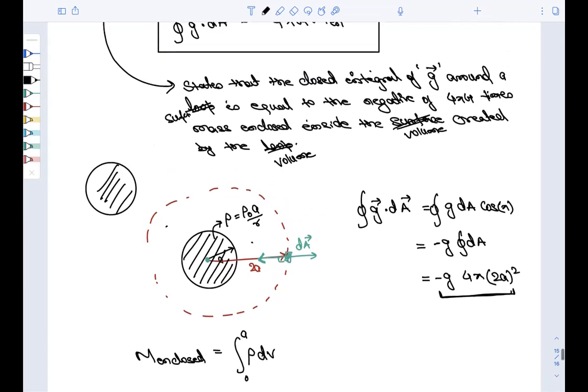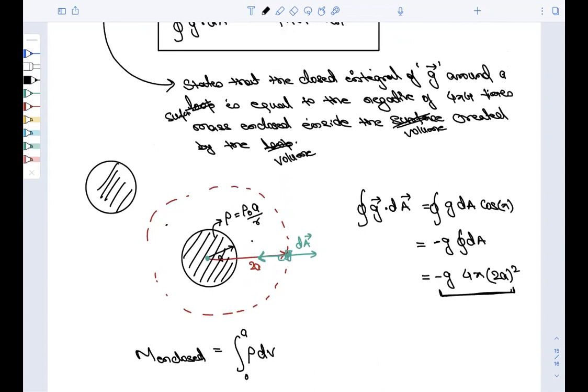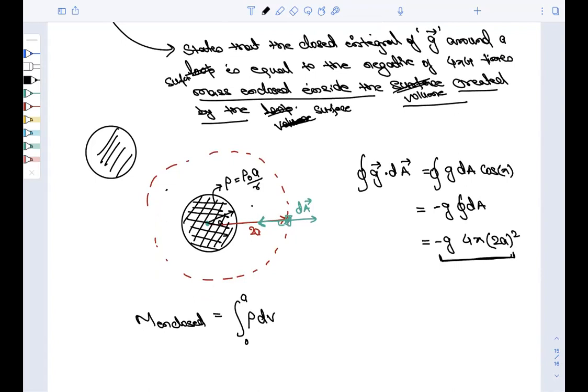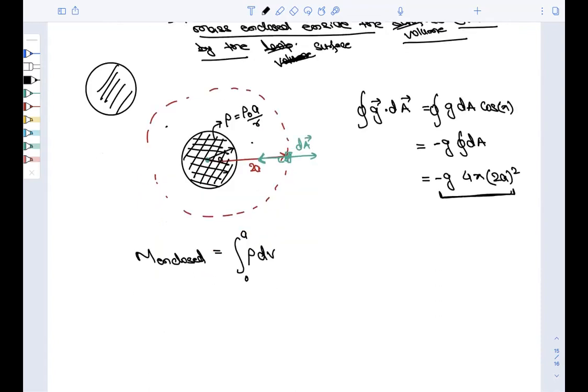Remember where the mass is enclosed inside the volume created by the surface. Sorry, so please correct it. The mass enclosed inside the surface we have taken is what we need to take, right? So this is the region up to which the mass is present, right? So we will integrate from 0 to a only. Remember, it will not be integrated from 0 to 2a. Why? Because the mass is not present there. Always remember this thing.